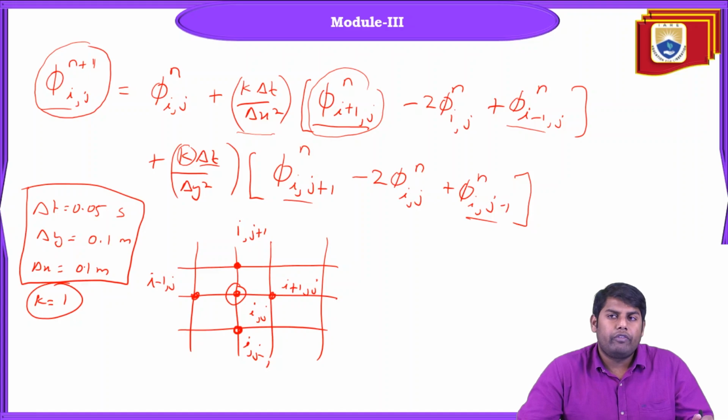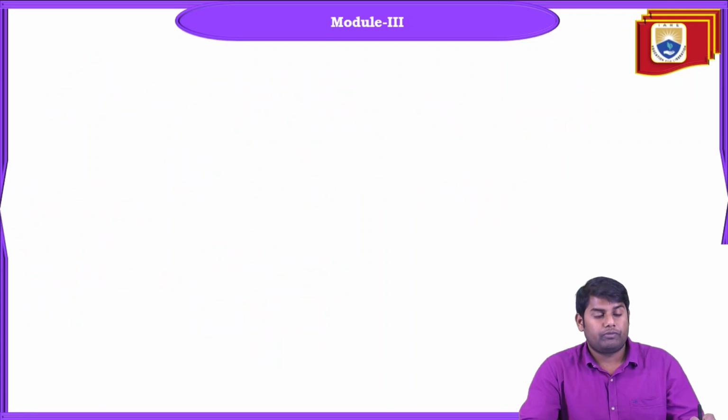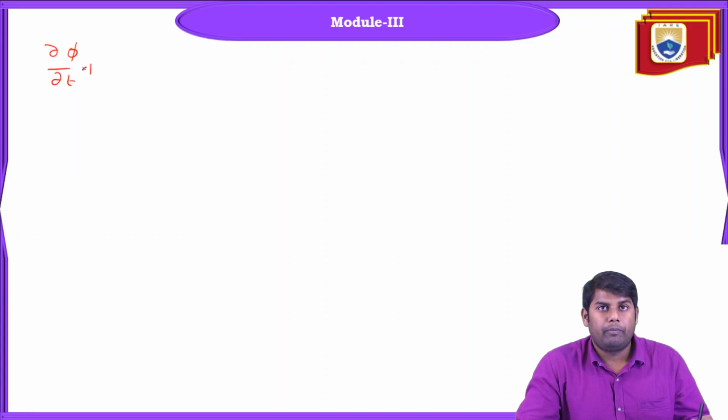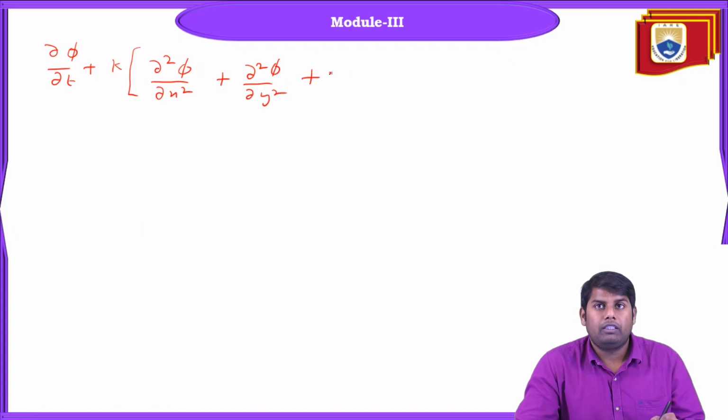Additionally, we have one more dimension, so we'll see. What is the equation we have, again explicit, to solve? We have dou phi by dou t plus k into dou square phi by dou x square plus dou square phi by dou y square plus dou square phi by dou z square is equal to 0.